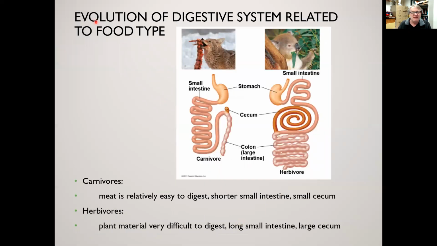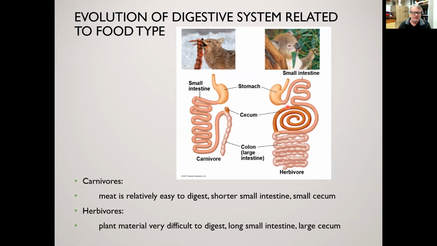So this gives us some insight into the evolution of digestive systems. If we just generally compare a carnivore to an herbivore, here's a wolf versus a koala bear. Koalas only eat these particular leaves that are very, very high in cellulose and are extremely difficult to digest, but it's their primary food source.